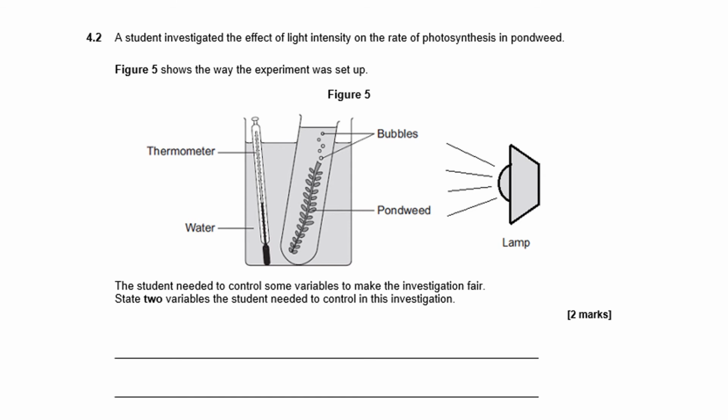You could have put the pH. You could have put the size or the length of the pondweed. You could have said about having the same species of plant or pondweed, or same type of pondweed. And you could have put the volume of water in the tube. Any one of those would be worth a mark, with a maximum of 2 marks.